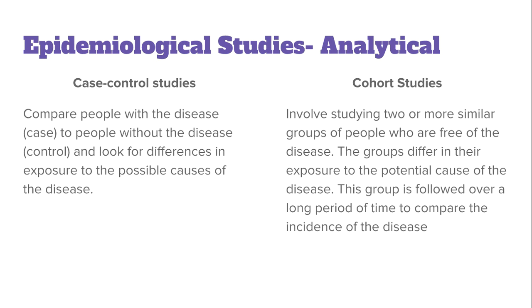So when they take part in the study, they have either been exposed or not been exposed to the idea of what causes that disease, but they don't actually currently have it. So by studying them for a long period of time, they might actually develop that disease, and then scientists look to see whether they can form some links between that source of exposure and the incidence of the disease.